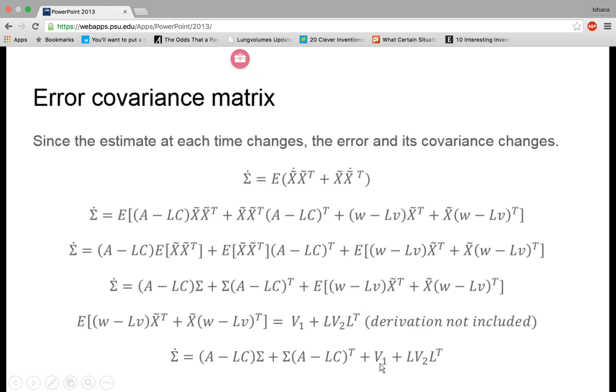So substituting this value in here, we get this equation for the rate of change of the error covariance matrix, which is related to the process model, the observer gain, the current value of the error covariance matrix, and the noise model, which basically affects the intensity matrices of the noise.